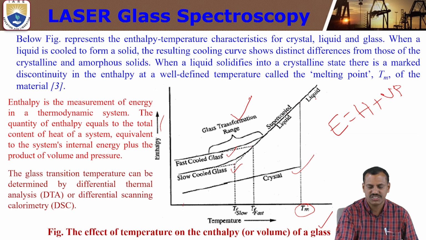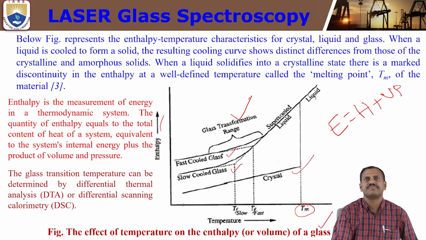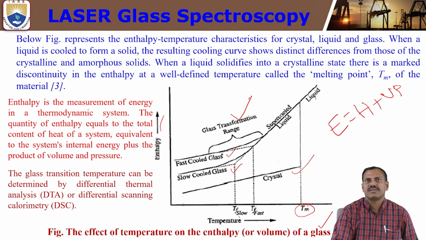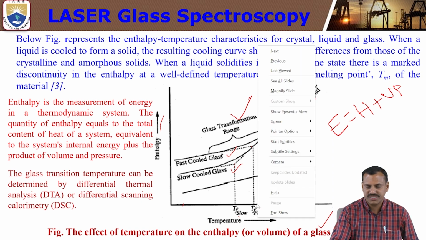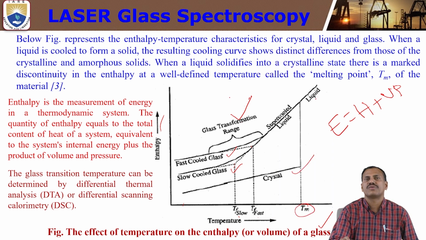By using this slope and this slope we can measure the glass transition temperature range, for slow cooling and fast cooling. So we can measure the glass transition temperature and the glass melting temperature.